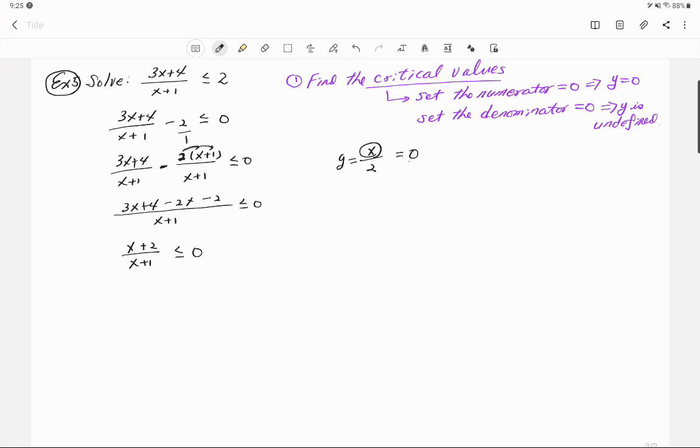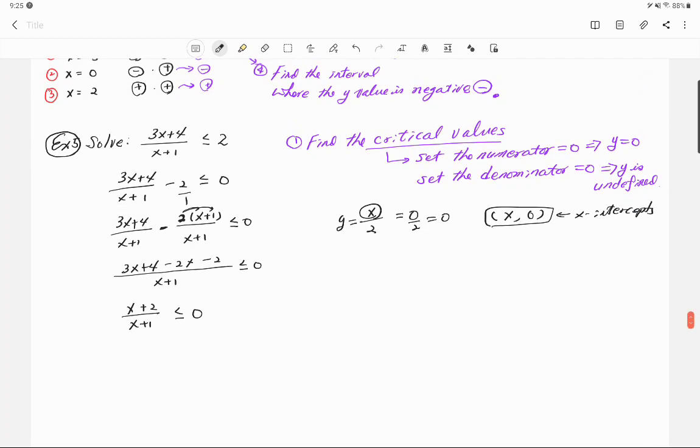If x equals 0, then the result is 0, which means y equals 0, so there are some x values where y is 0. This is the x-intercept, isn't it? So when you set the numerator equal to 0, all those x values are the x-intercepts.